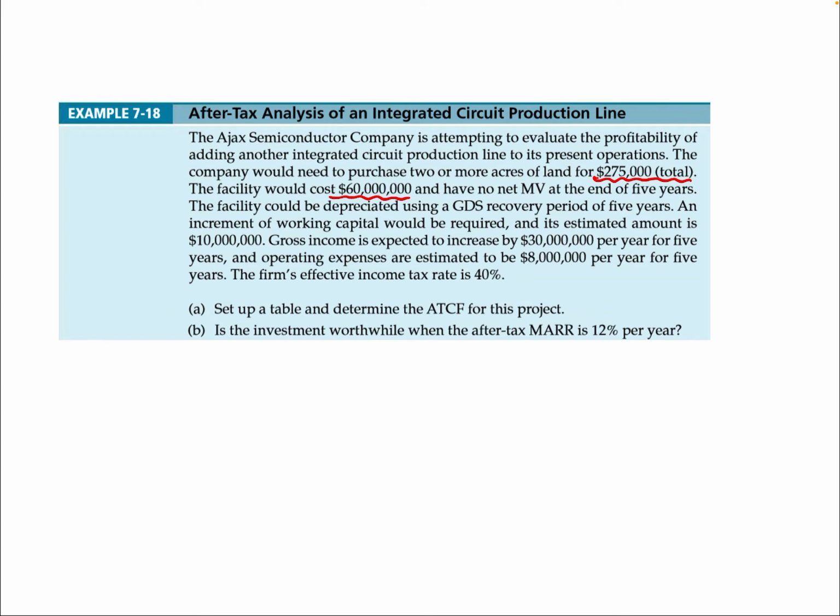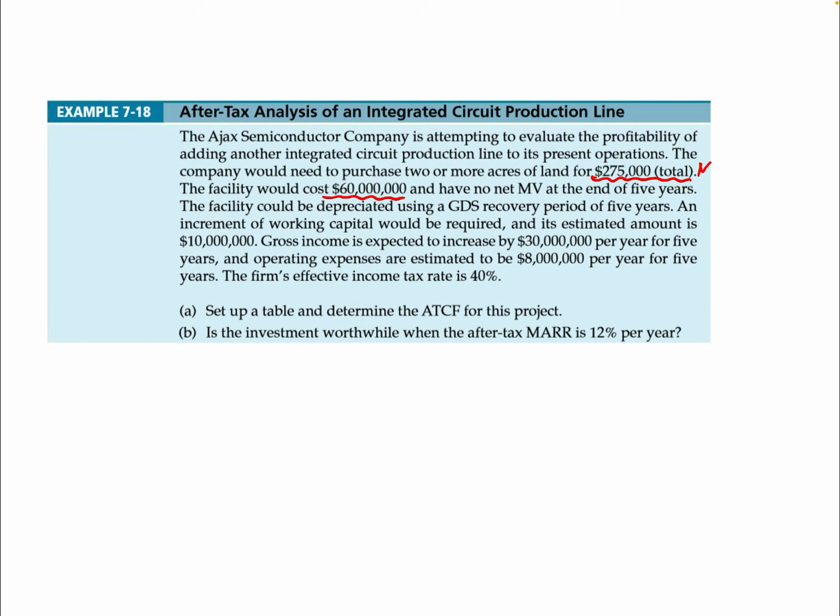But you need to understand that for the land, you have the MV, you have value left, because land is not depreciated. It's still there. So after 5 years, you still have 275,000 worth of land. That's your MV.